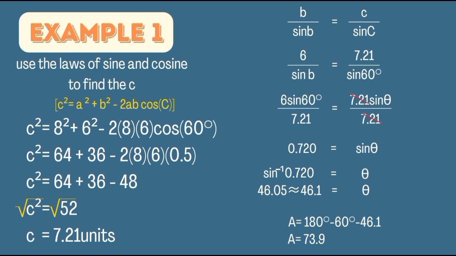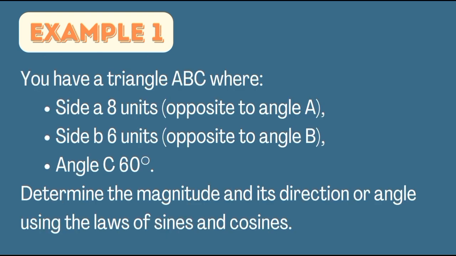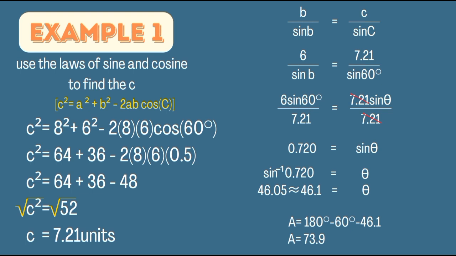So c squared is cancelled, and the square root of 52 gives the magnitude, c equals 7.21 units. And for calculating the angle, we must use the law of sines. So b over sin B is equal to c over sin C, where b is equal to 6 over sin B, equal to c, which is equivalent to the magnitude, 7.21, under sin 60 degrees.